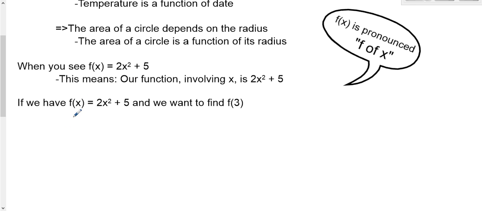If we have f of x equals 2x squared plus 5, and we want to find f of 3, this means we are saying that f of 3 is equal to 2 times 3 squared plus 5.